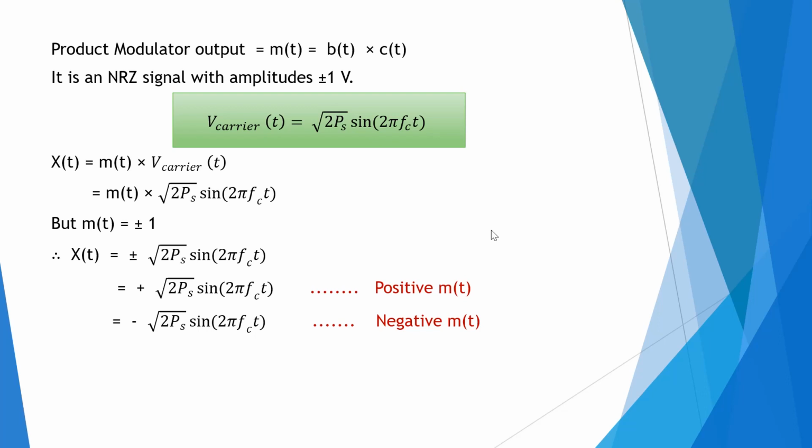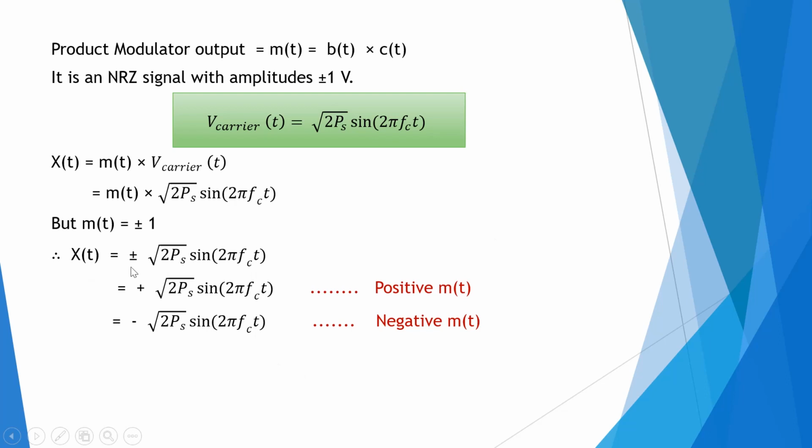So X of t, our output, is M of t, the spread signal, multiplied with square root of 2 Ps sine 2 pi fct. But we know that M of t can be plus or minus 1. So X of t, the multiplication of M of t with the carrier signal, becomes plus or minus square root of 2 Ps sine 2 pi fct.